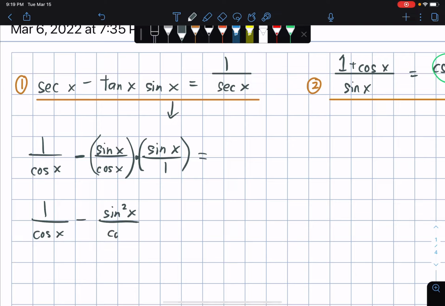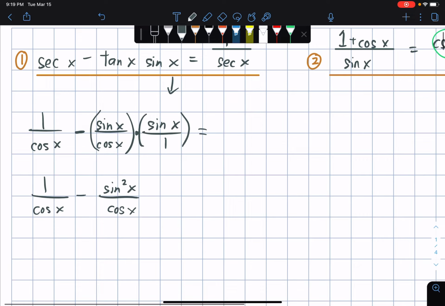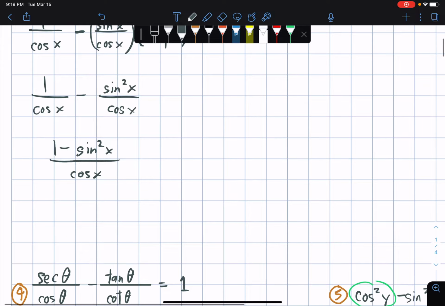So sine squared x over cos x. As you can see, the entire expression has the same common denominator, so you can just subtract.